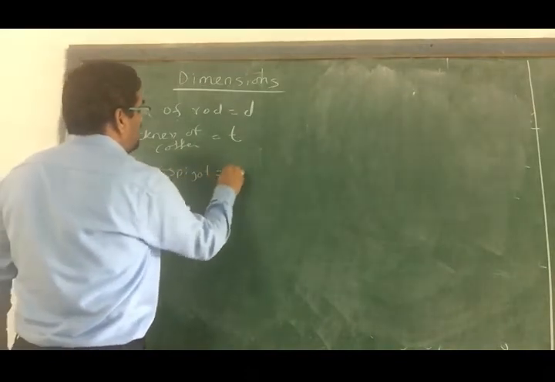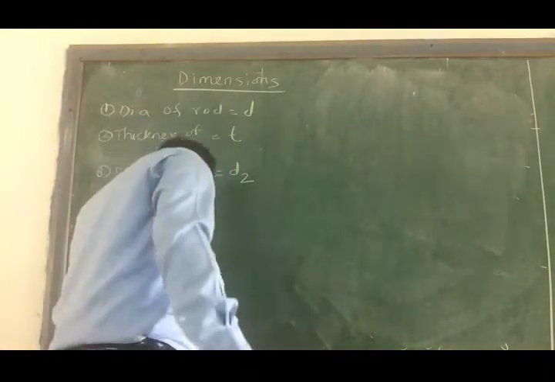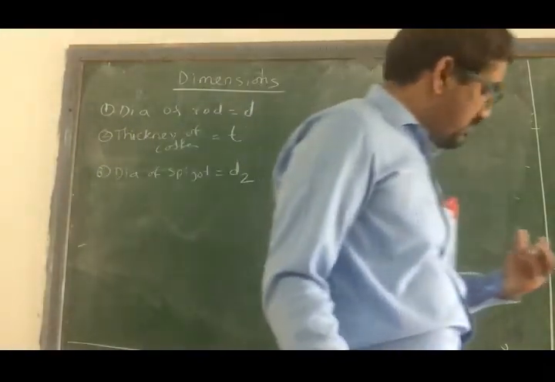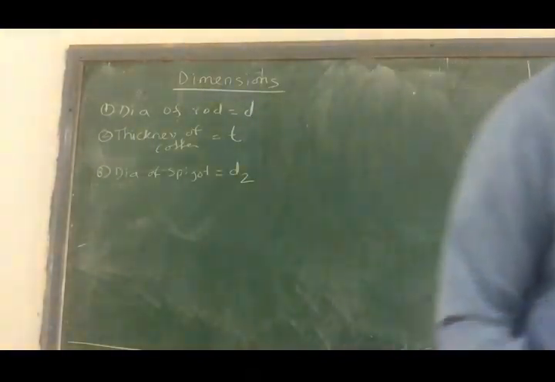The symbol is D2, right? Now what is the formula for that?